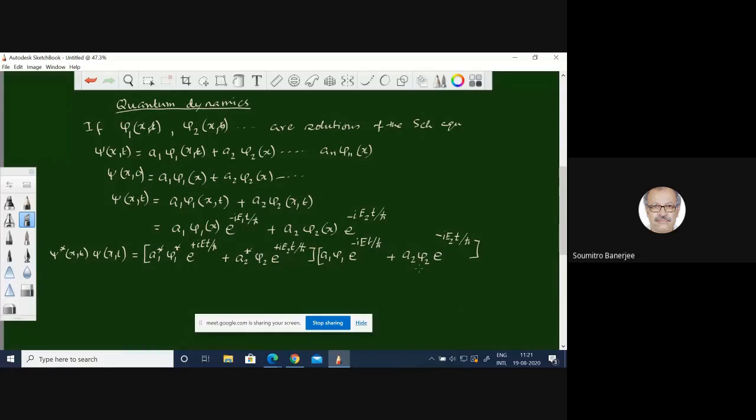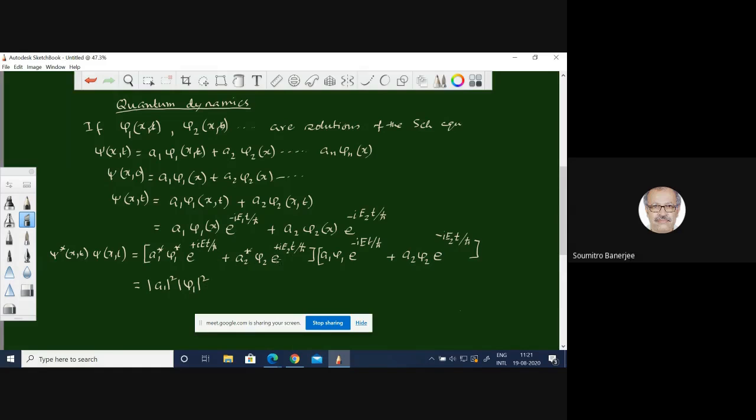I'm writing faster so that you don't spend time. If you multiply them, first this one gets multiplied with this one. You can easily see this and that cancel each other, and this and that effectively gives A1 mod square, then psi 1 mod square, only this much.